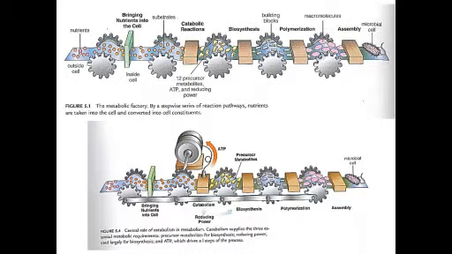Alright, so this is tying back into this idea of metabolic processes that take place in the cell as an assembly line. Here you have nutrients in the outside environment, and they are brought into the cell, and now the cell's got to use them, right?